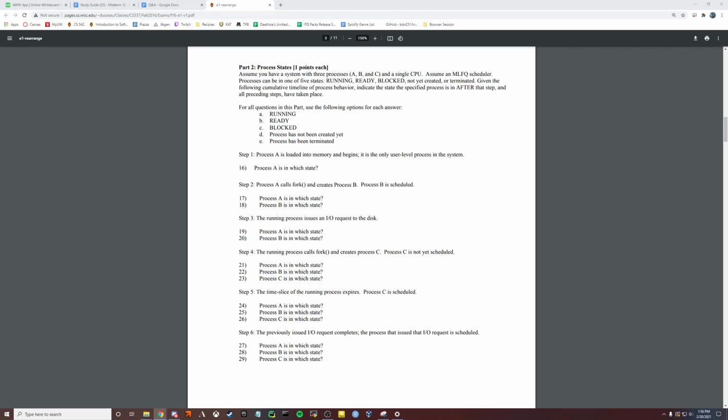So slide 45 of lecture 3 is called MLFQ summary. It lists some rules, rules 1 through 5. Rule 1, if priority A is greater than priority B, A runs. Rule 2, if priority A is equal to priority B, A and B run in round robin. Rule 3, start at top priority.